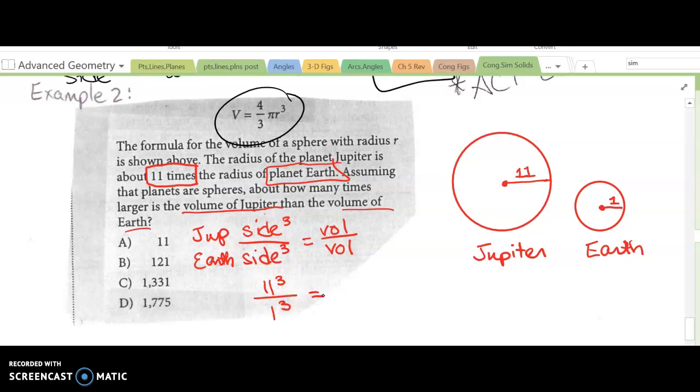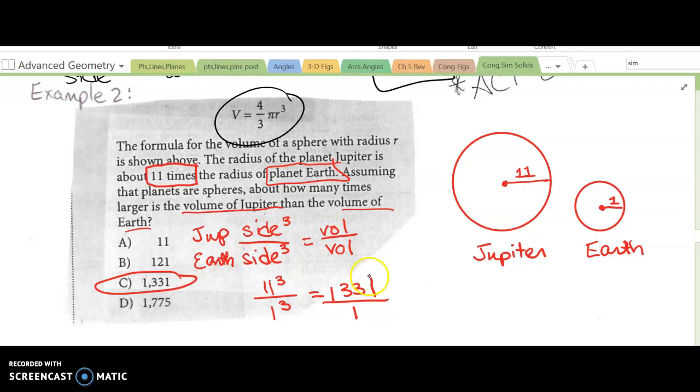So 11 cubed is 1,331. 1 cubed is 1. Let's take a look at how I did that. So our answer is C, because it's 1,331. It didn't say what our units were.